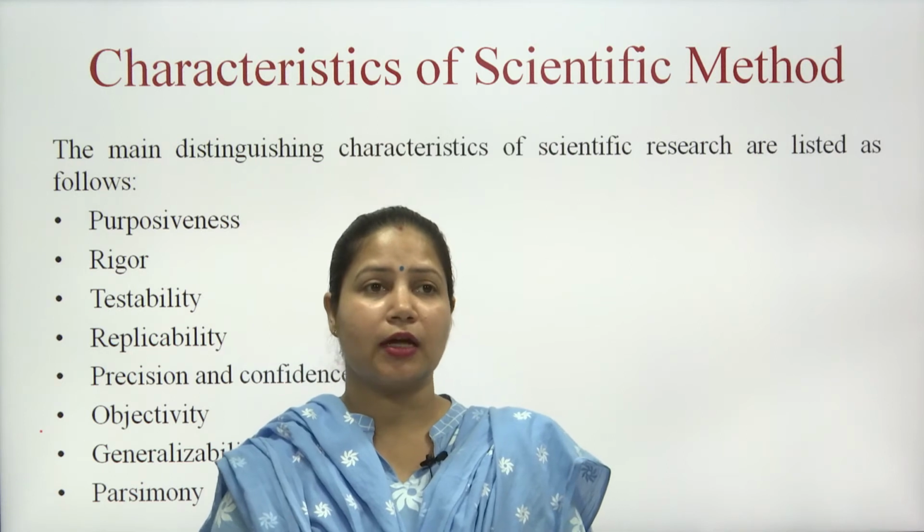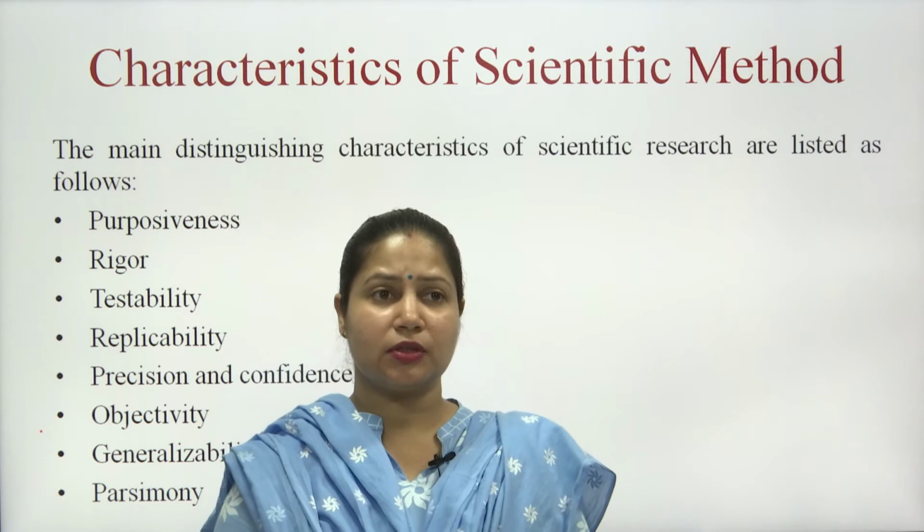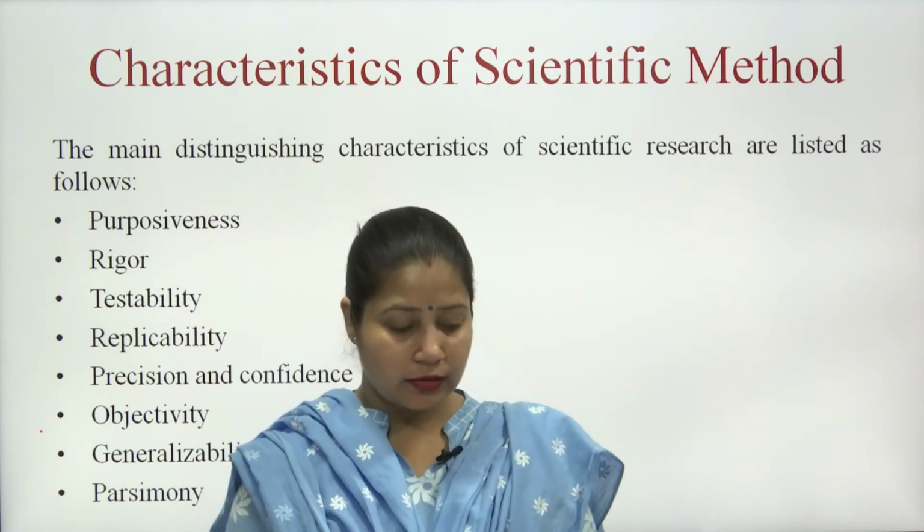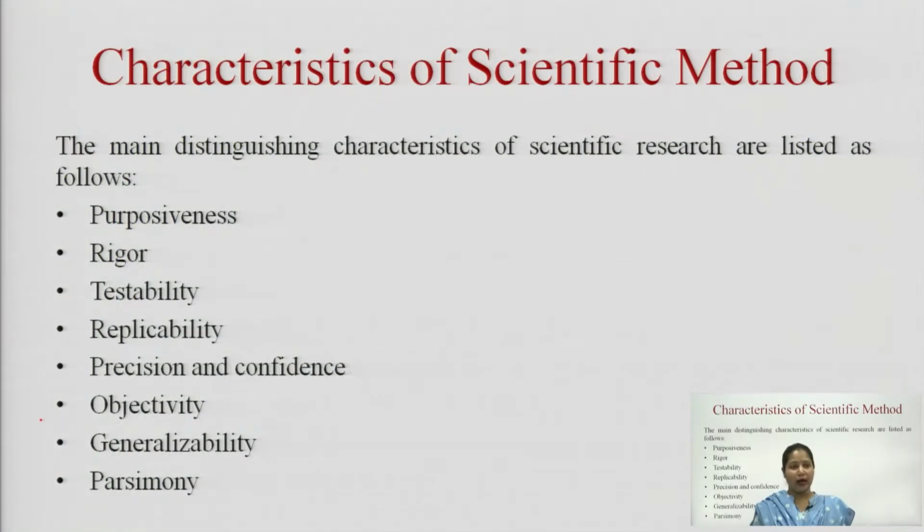The first characteristic of the scientific method is purposiveness. It means every research should have a definite purpose. Whatever you do should be based on a certain aim or objective you want to achieve through research.